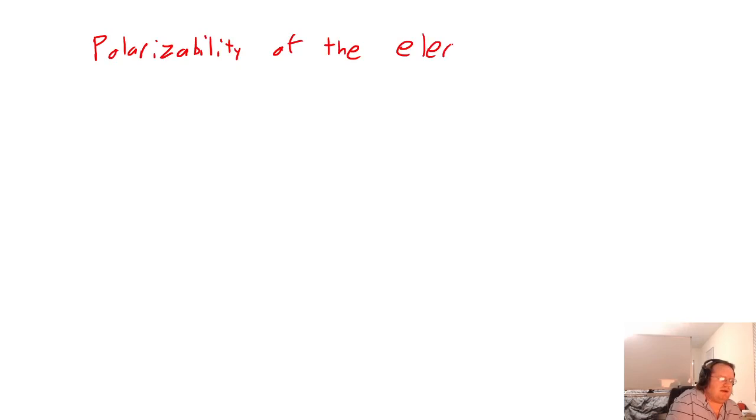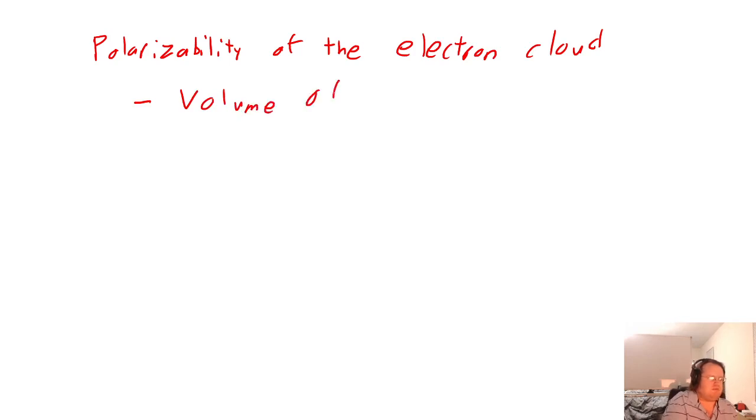So what determines this? This is related to what we call the polarizability of the electron cloud. What we mean by this is how easy it is for it to build up a charge so that one side is more negative and one is more positive. And this is related to the volume of the cloud.